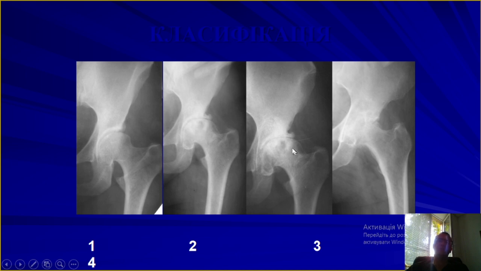Here and here we have formation of cysts. That's what I was talking about at the beginning. We have osteoarthrosis of the hip joints, which is accompanied by formation of cysts here and here. A big cyst is formed in the subchondral layers of the bone.